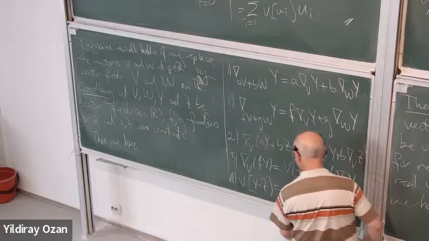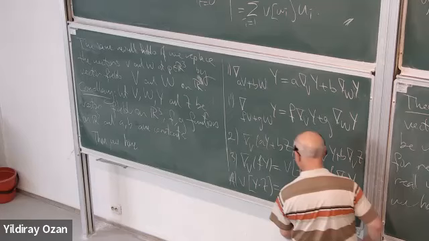Covariant derivative of f times y plus g times z, let's say, this can be written like this. No problem with that. It splits like this. And then you use part 3. Part 3 tells us what?